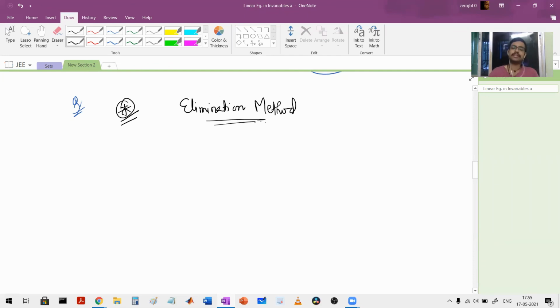So the name itself suggests elimination method is eliminating something. How do you eliminate something? So suppose you have linear equations. Suppose a1x plus b1y is equal to c1 and a2x plus b2y is equal to c2. Is this clear? You have two linear equations.